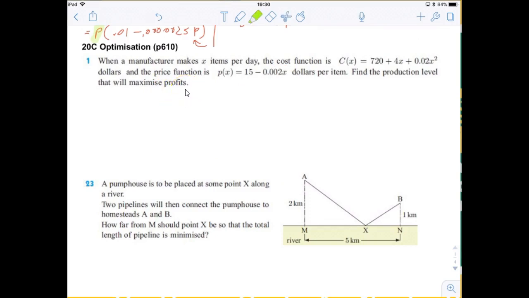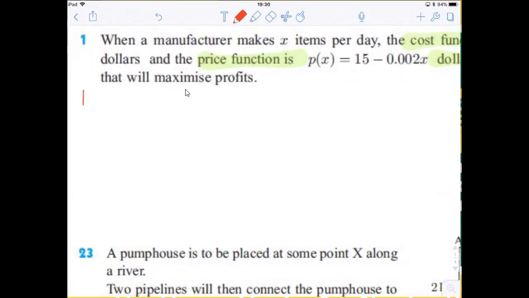Okay, one tricky thing here is we have a cost function, and they don't say per item, and then they have a price function, which they do say per item. So remember that if you're going to find the profit, you need to be consistent. So basically you want to say profit total is equal to price total, and when I say total, I mean all items added together, minus cost total.